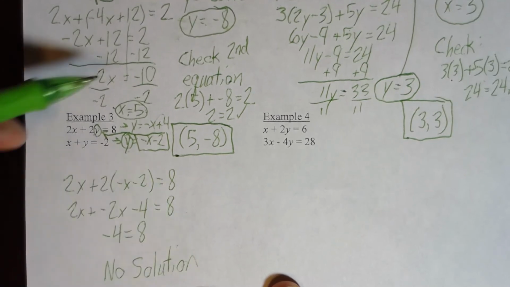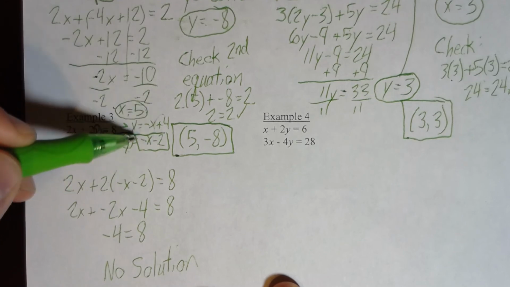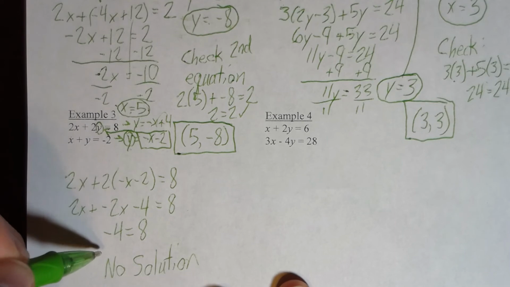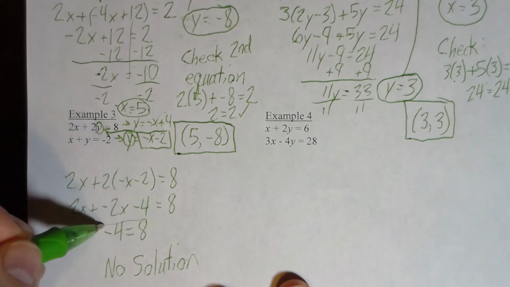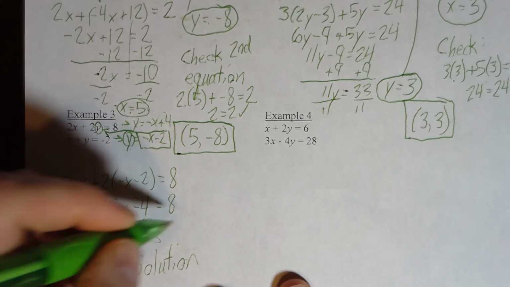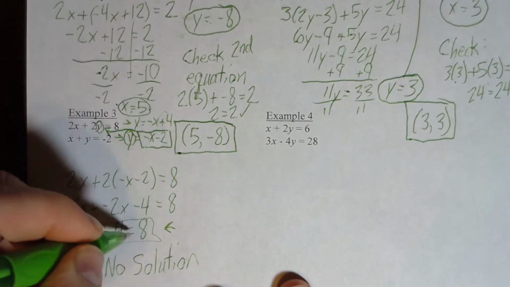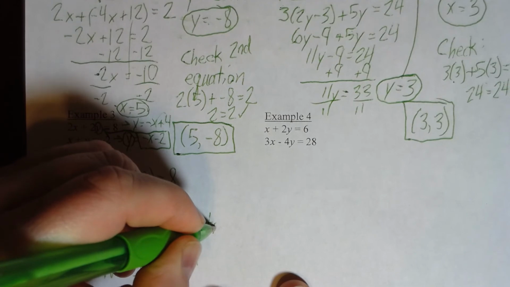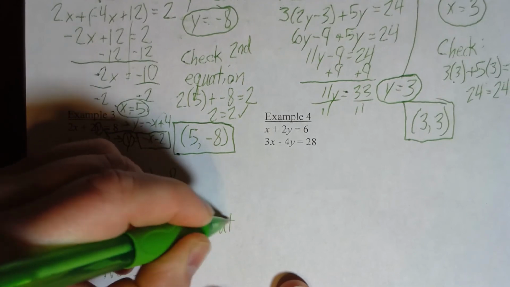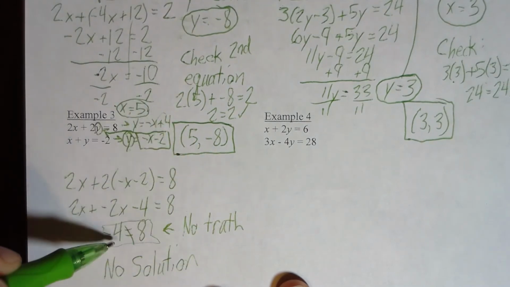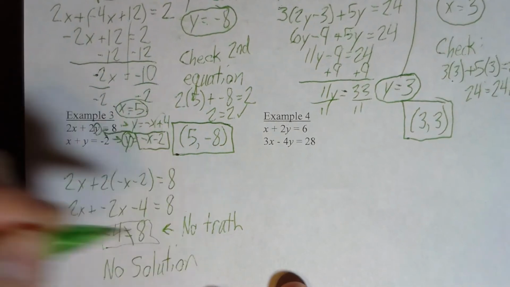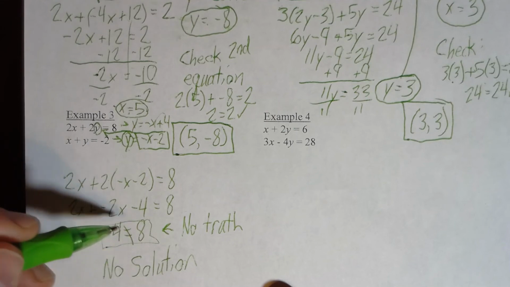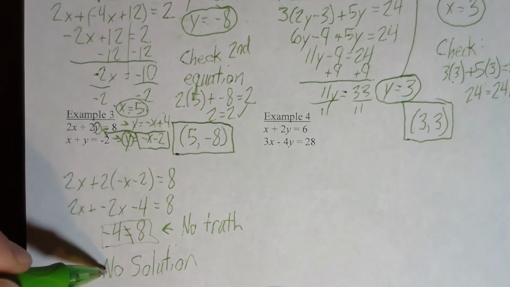Now, I went through a lot of work explaining that and getting myself a little confused for a second there. But all you need to know is this. If you get a false statement, if you get something that is not true, this is not true, which means there is no solution.